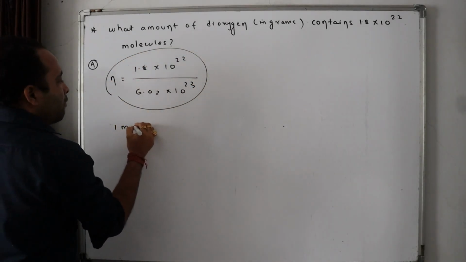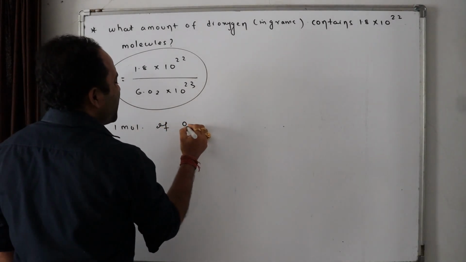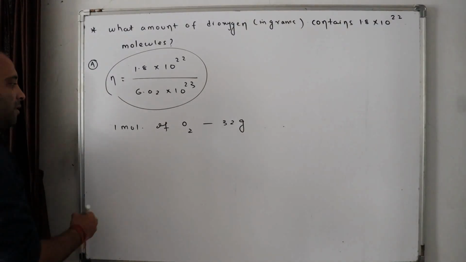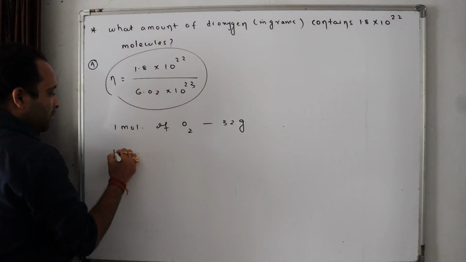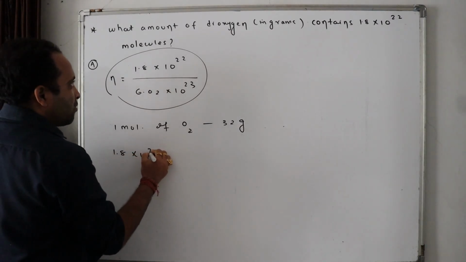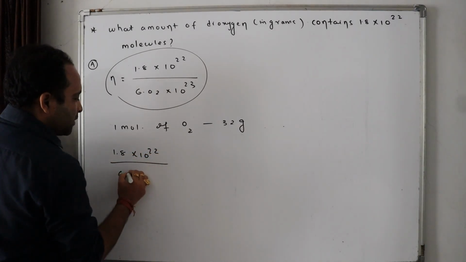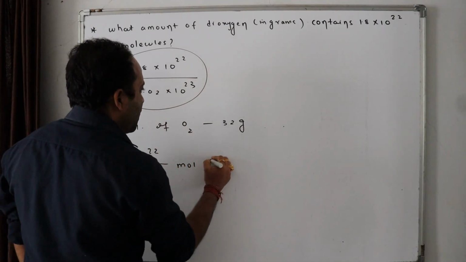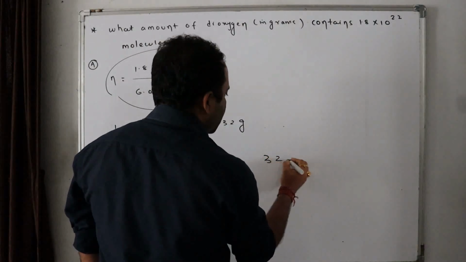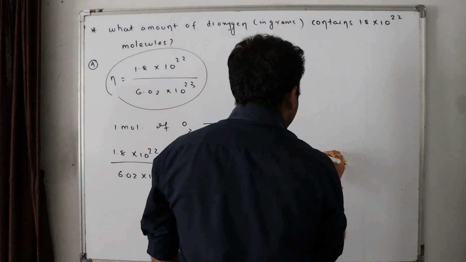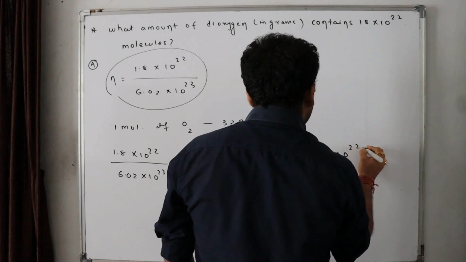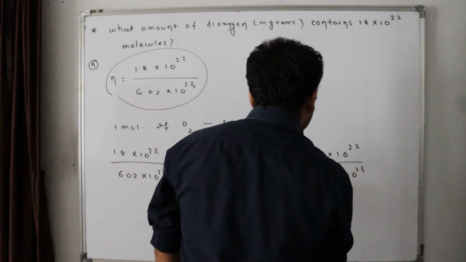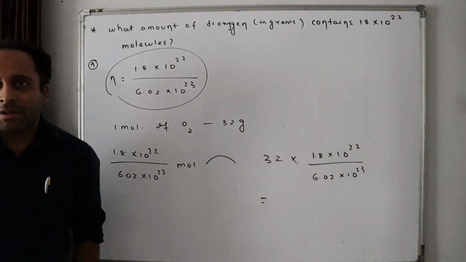We know that 1 mole of dioxygen O2 is 32 grams molar mass, isn't it? Now tell me, this many moles will be how many grams? Simple. It is 32 into 1.8 into 10 to the power 22 by 6.02 into 10 to the power 23. Please calculate it for me.